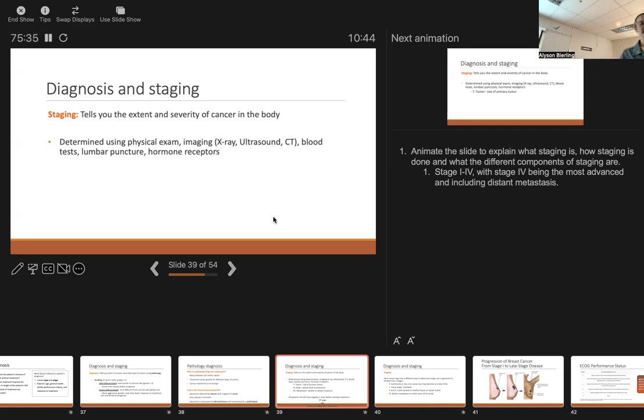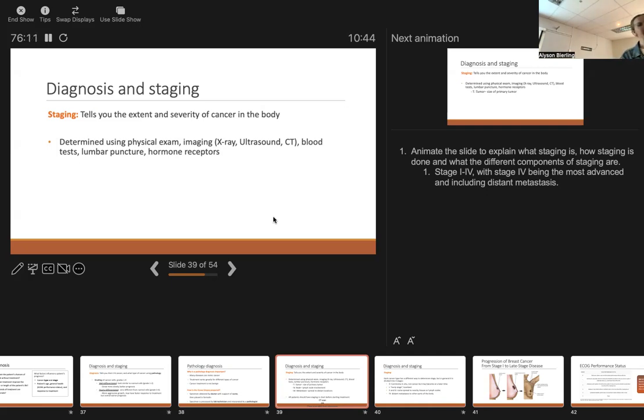Those are typically the sites where patients develop metastases. It's common for patients to develop metastases in the lungs, the liver, and the brain. So we always want to check if the cancer has spread to those areas, and we can see that using ultrasound, X-ray, and CT. That's why you'll see the doctor order those exams after the diagnosis has been made.